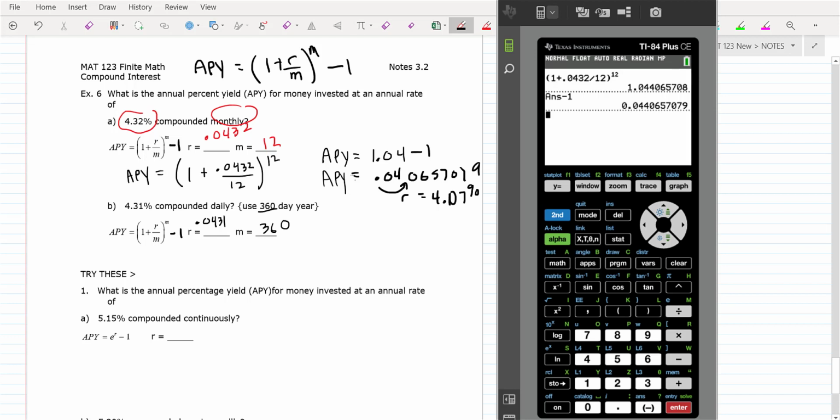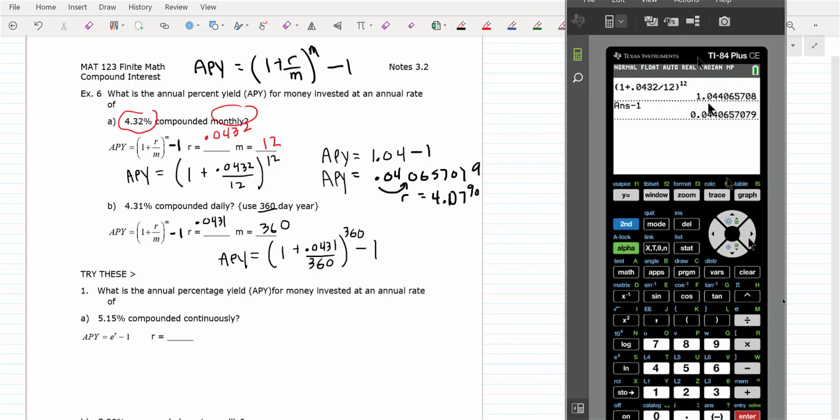Okay, all right, and then this next one goes like this. We would have the APY is equal to 1 plus 0.0431 over, and this is daily, so I'm saying use a 360-day year, to the 360 power, and then you've got to do the -1. The -1 is a part of the formula.